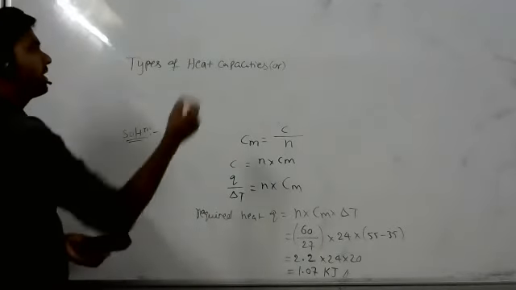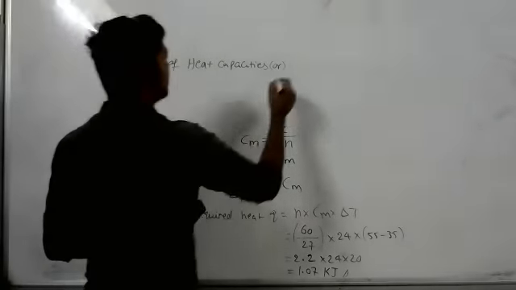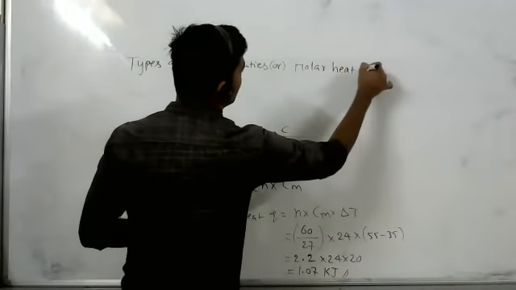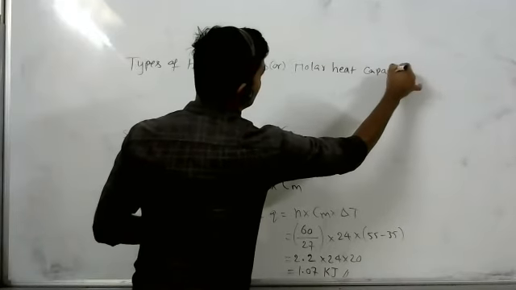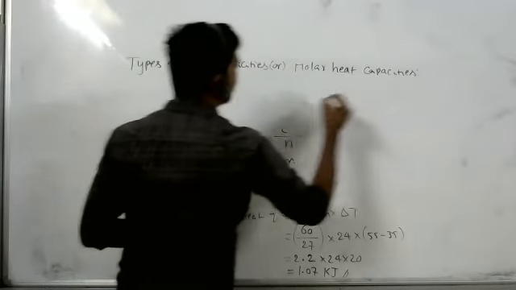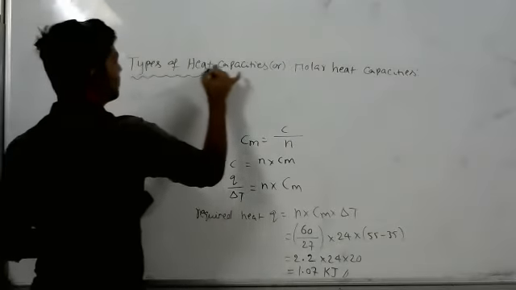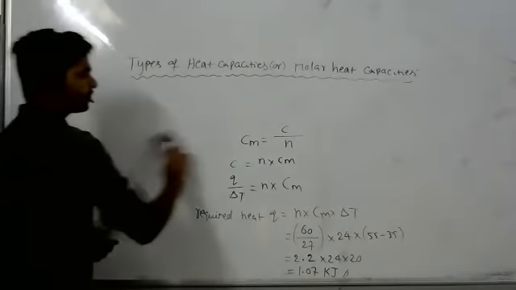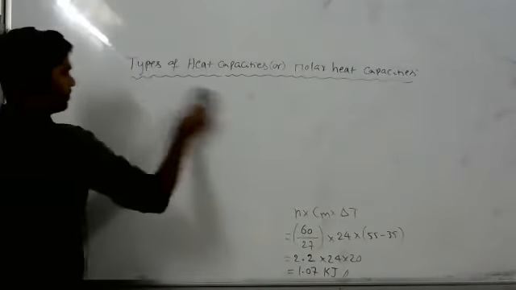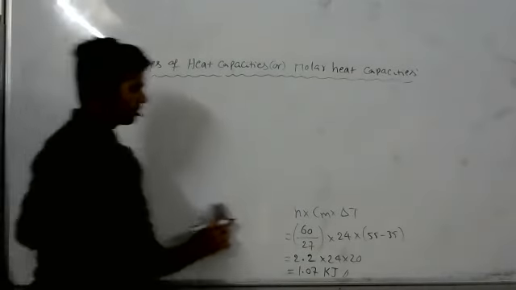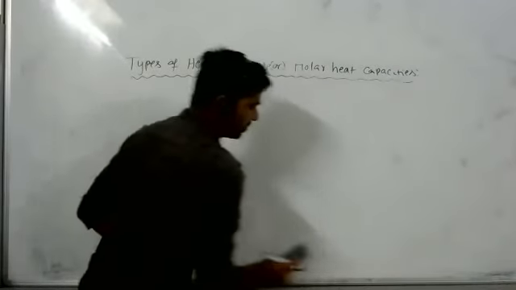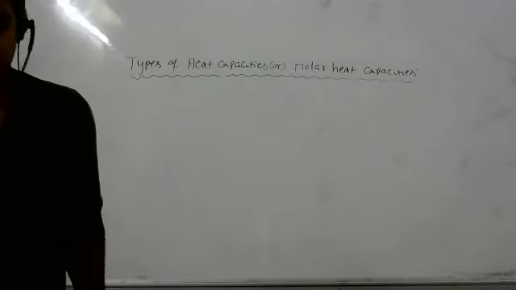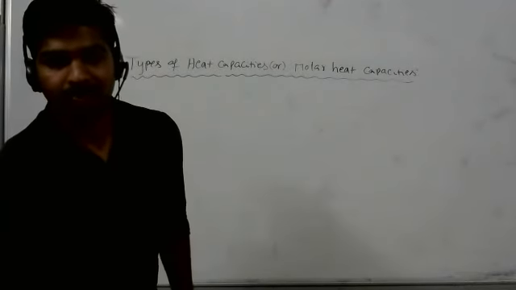All right. Types of heat capacities are molar heat capacity. We know heat is a path function.